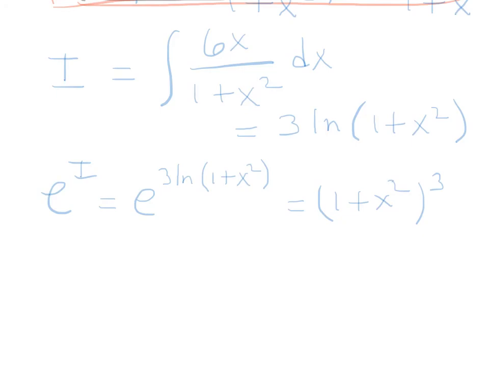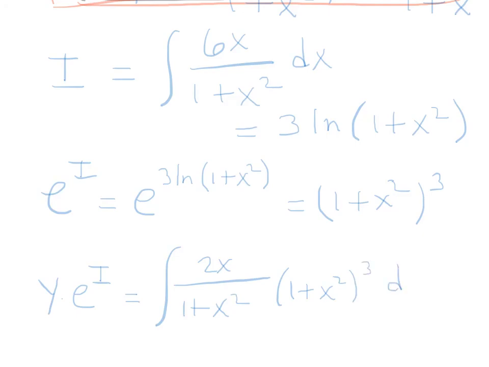Alright? And so then, y times e to the capital I is equal to the integral of 2x over 1 plus x squared times 1 plus x squared cubed dx.